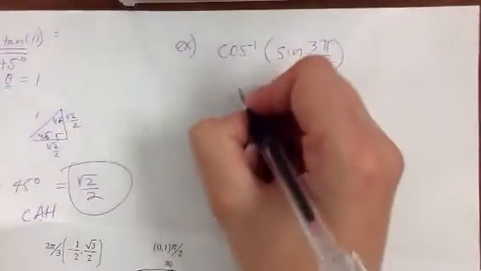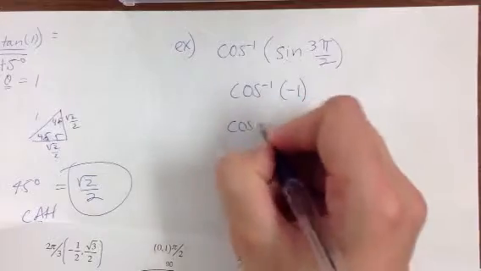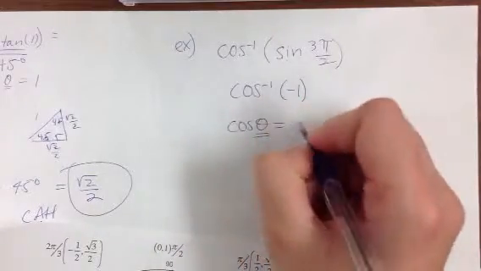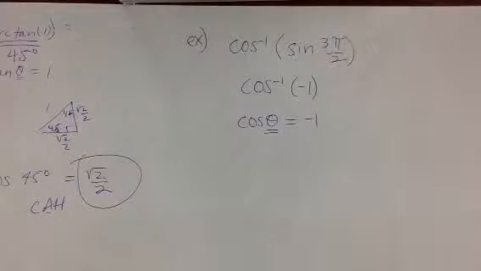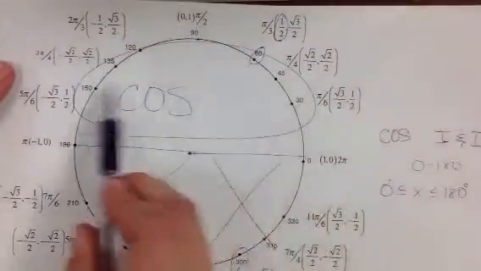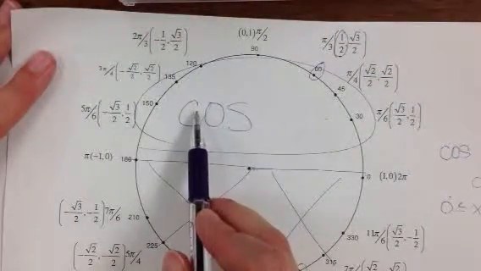So then I'm thinking the cosine inverse of -1. Well, what angle is it that gives me -1? I think back to cosine. Where is cosine going to be -1? It's got to be the first quadrant and the second quadrant for cosine, and cosine is your x value.